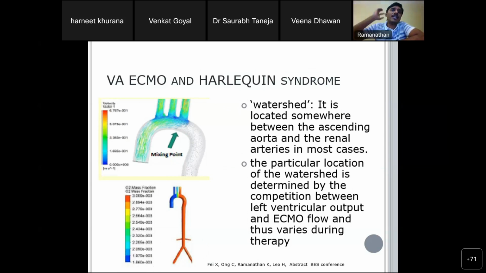So there is a watershed area, which is clinically observed as north-south syndrome or upper limb cyanosis. It has also been shown in labs using simulation experiments where exactly the mixing or watershed area can be, depending upon the LV ejection fraction. So this is one thing that clearly makes VA ECMO unphysiological.